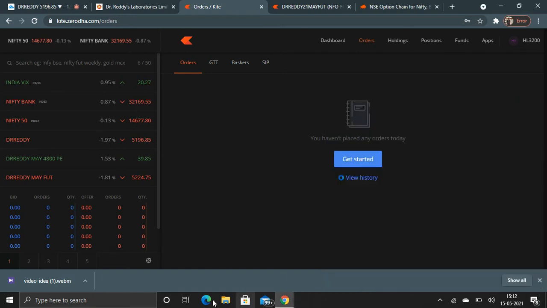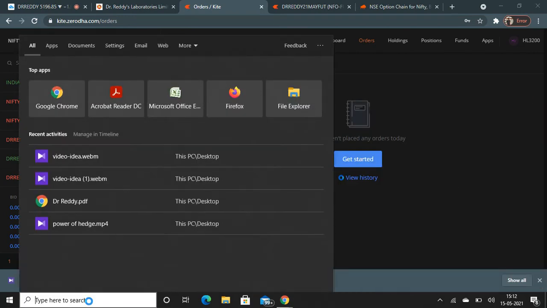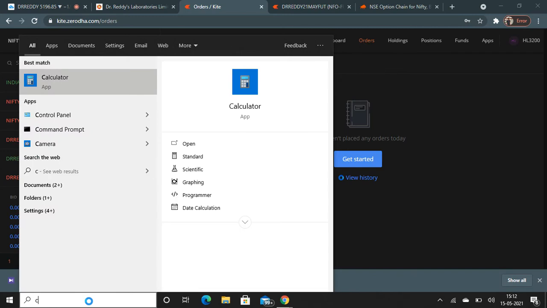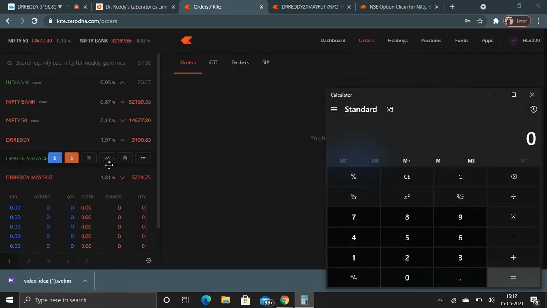Next, we can do it with options, how it works. In options, here we're taking 5000 as investment and taking a position of 4,800 put option. If our guess goes right and the market comes down to 4,800, it will be traded at a realistic value of 120 rupees or 100 rupees.